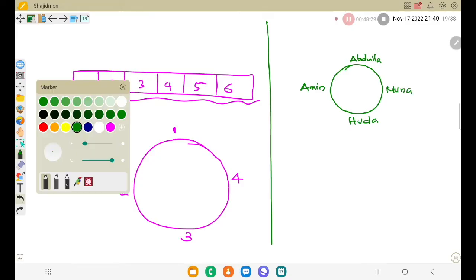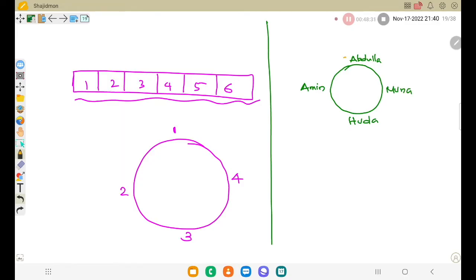In this order, Abdullah is near Amin, Amin near Huda, Huda near Muna, Muna near Abdullah. I can write letters: this is A, this is B, this is C and D. This is one permutation, A, B, C and D. This is one way of arrangement.